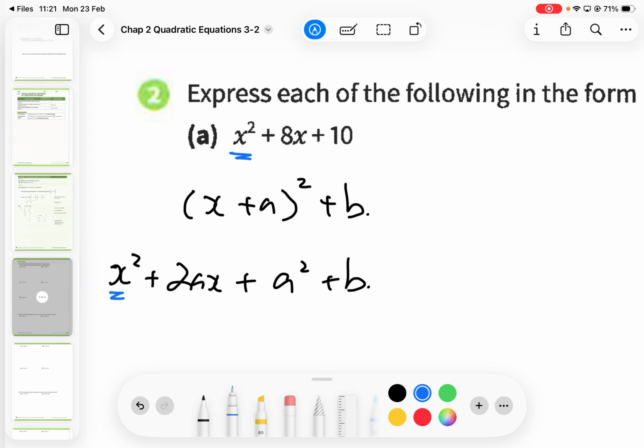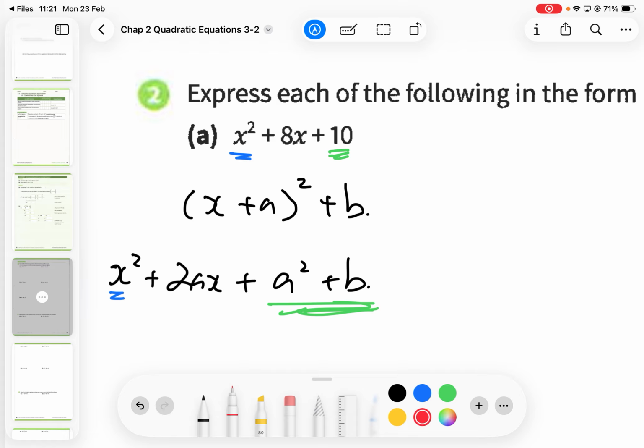Then 10 is a number, it doesn't have any x inside. So 10 must equal a squared plus b. And then my 8x must be the same as 2ax. It is the only term that contains x.